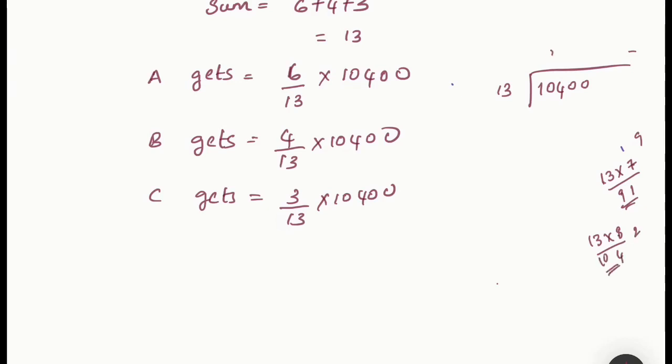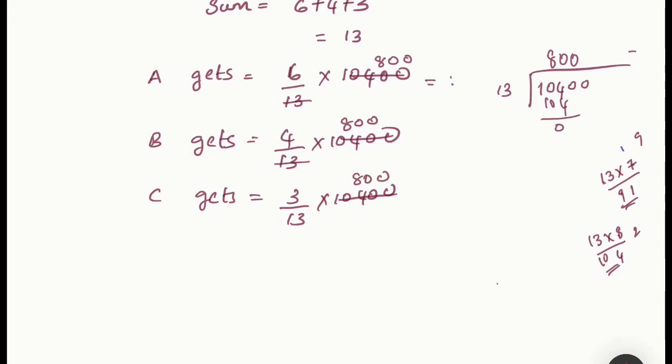So what do you get? 104. So it is 8. You get 1,04 and then you have 2 zeros, you can put them here, right? So for all these you can write directly 800, 800, 800.